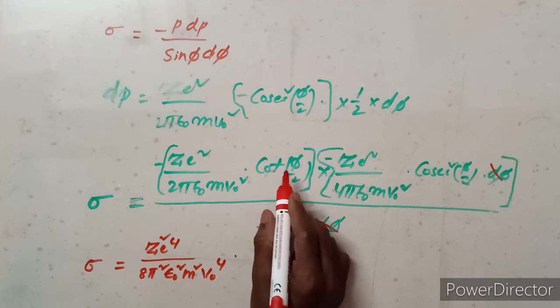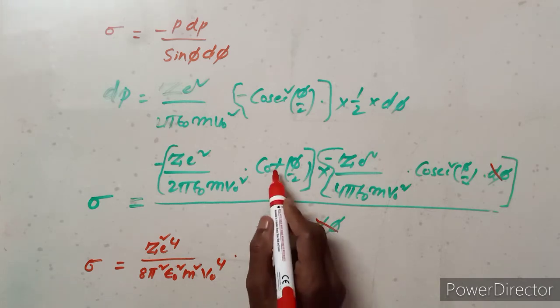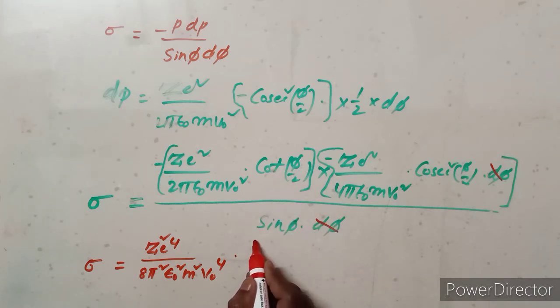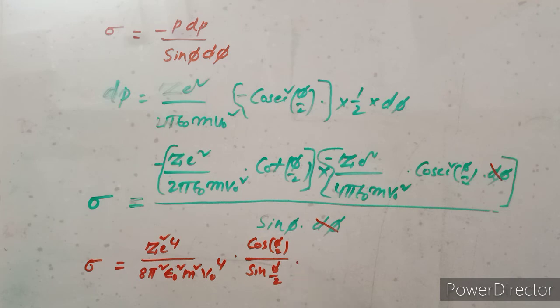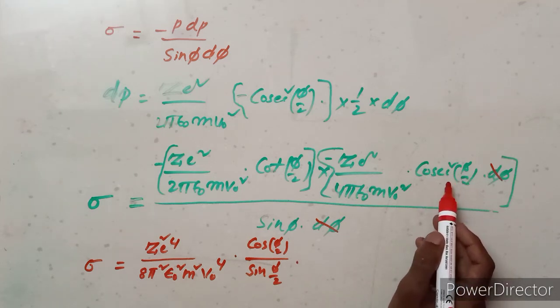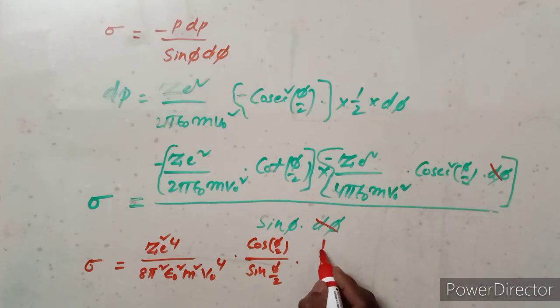Remaining are cot of phi by 2, that means cos of phi by 2 over sin of phi by 2, and cosec square, that means 1 upon sin square phi by 2.